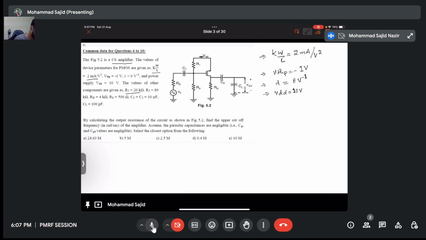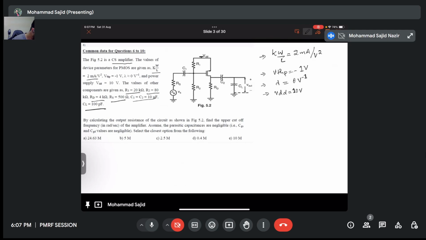The rest of the components are R1 equal to 20 kilo ohm, R2 is 80 kilo ohm, RD is 4 kilo ohm, RS is 500, C1 and C2 are 10 microfarad and 100 picofarad respectively. These are the values.